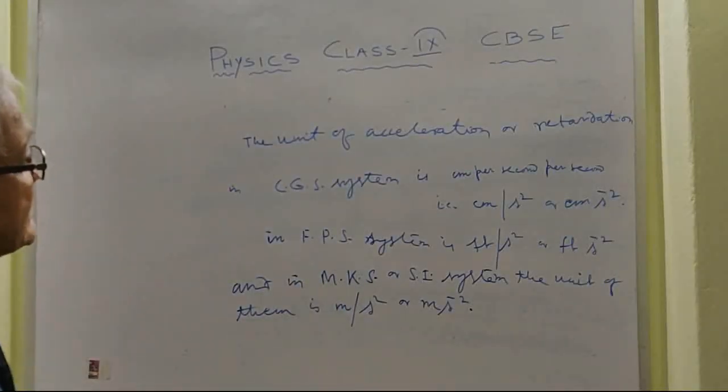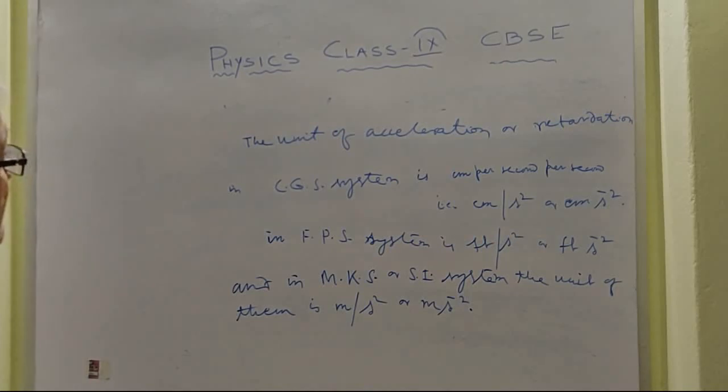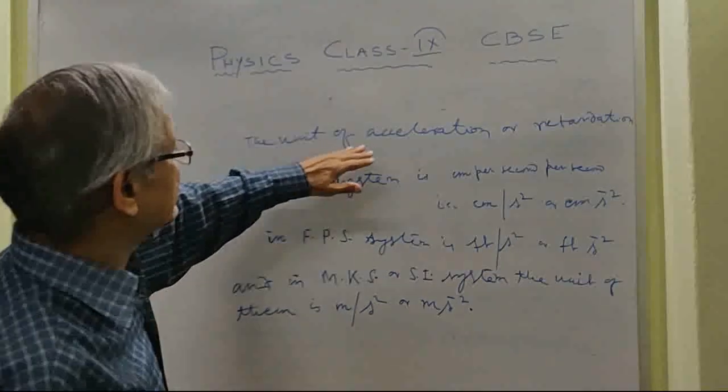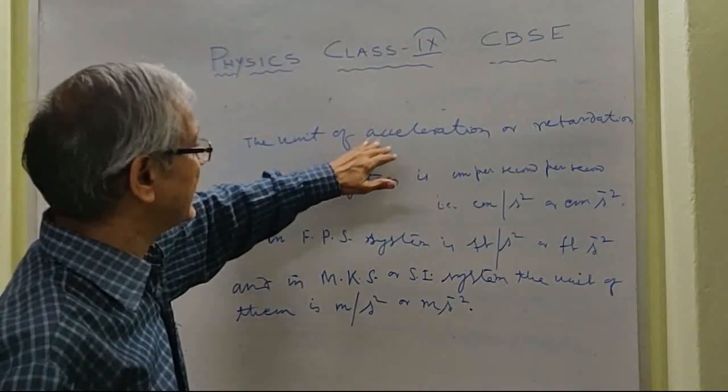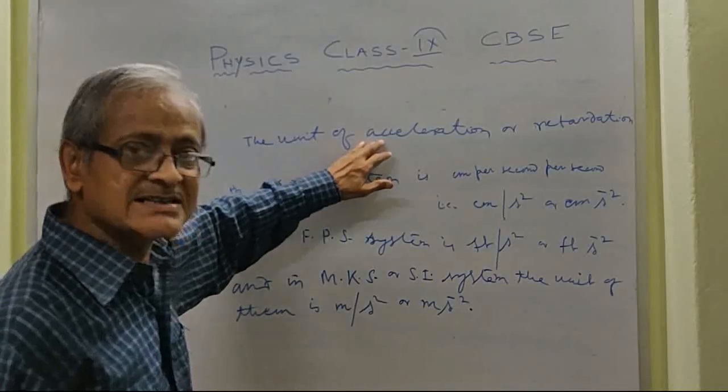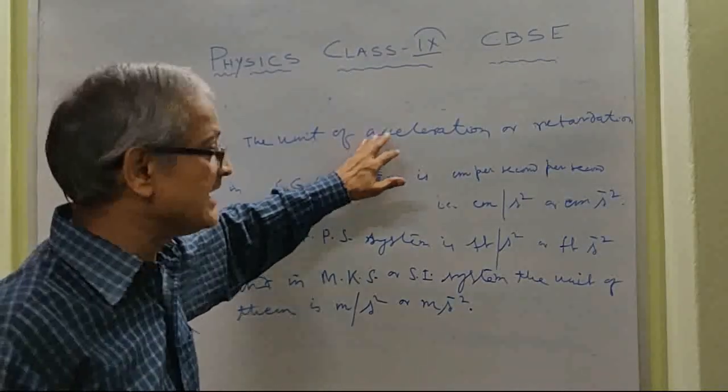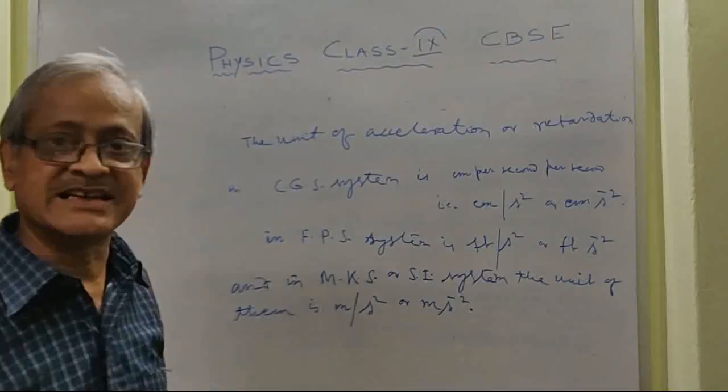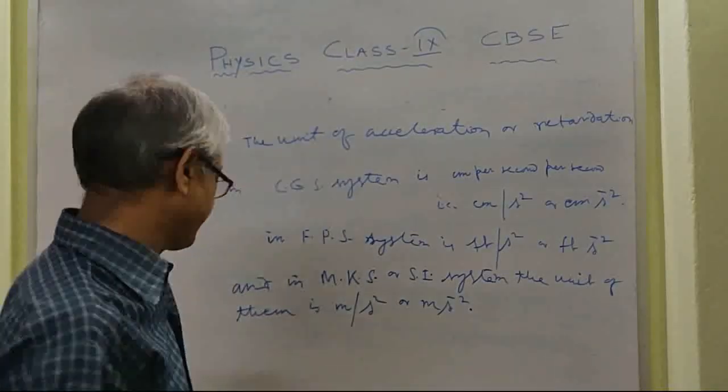Thus, unit of acceleration and retardation are same, though they are different in meaning, because in the case of acceleration, velocity is increased, and in the case of retardation, velocity is decreased with respect to time.